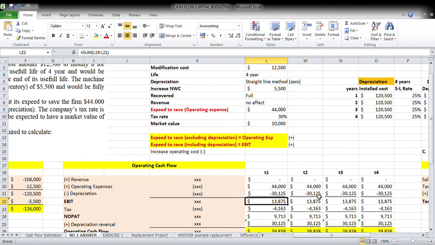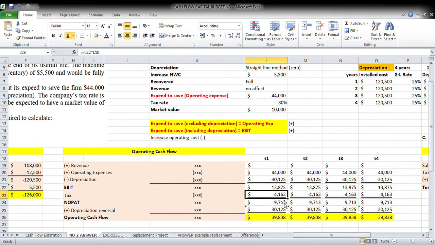And then EBIT, earnings before interest and tax, we sum this, and the result is this one. If the EBIT is plus, we can assume that the tax is minus. So the tax is minus the tax rate, 1 times the EBIT.